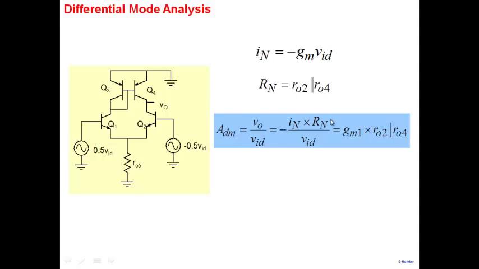So the output voltage is minus IN into Rn, and you divide it by VID to get the differential mode gain. That's simply equal to GM1 times R02 parallel R04. So a fairly simple result finally, but the derivation is involved. The derivation of what the Norton's current is, how it comes about to be GMVID, and what the Norton's resistance is here, R02 parallel R04.